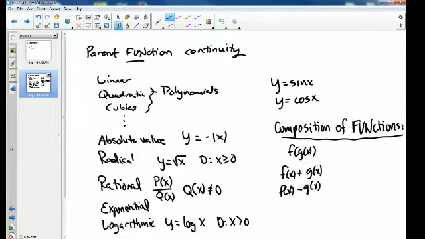Divide. What's the requirement there? And we can multiply as well, right? Are there any others?